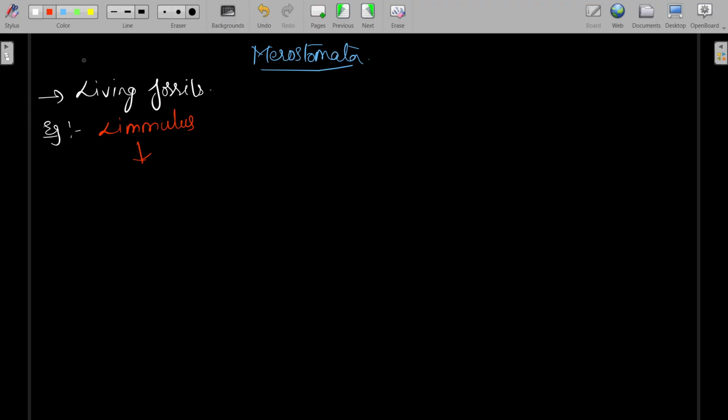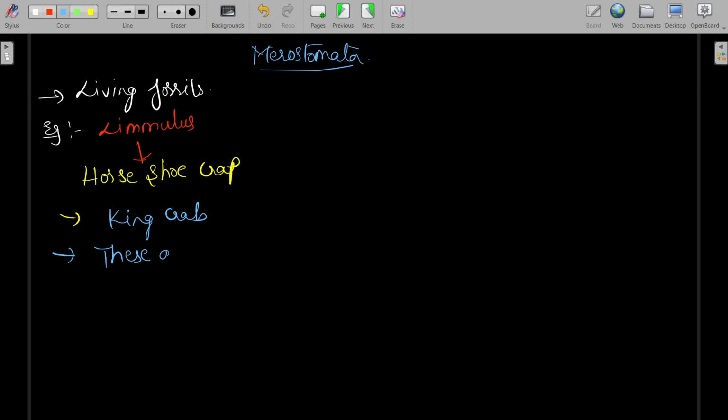It is a horseshoe crab, also called king crab. And these are the primitive arthropods. Okay, so this is merostomata.